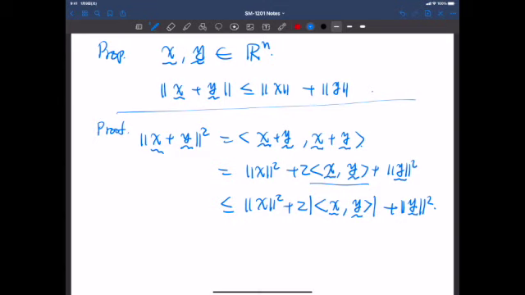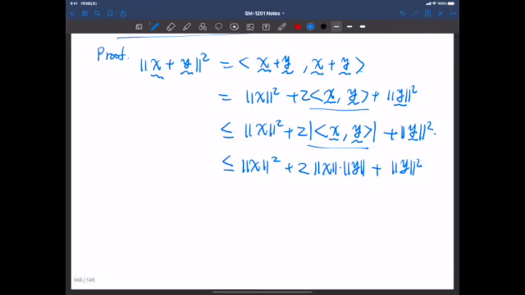Okay, then we can use the Cauchy-Schwarz inequality on this part, the 2 x times y. But this is equal to, if you complete the square, the modulus of x plus the modulus of y, squared.